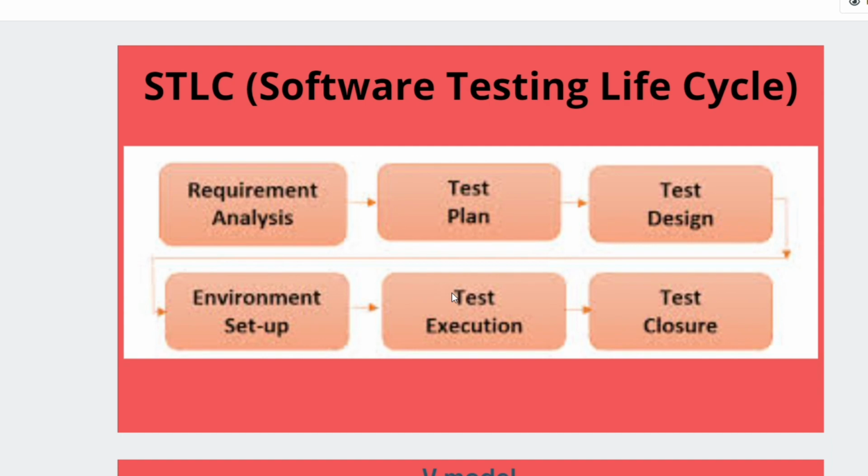Once the defect is fixed, we need to perform retesting and regression testing. Once the defects are fixed, the testing team retests the software to ensure that the issues have been resolved.